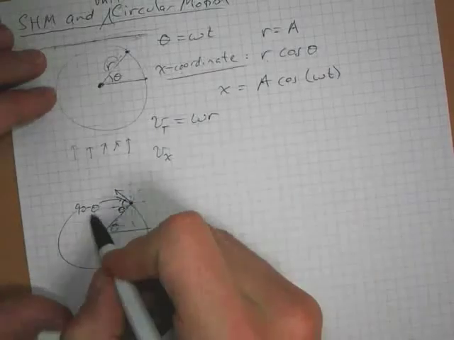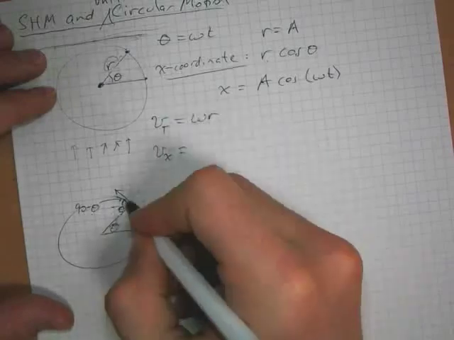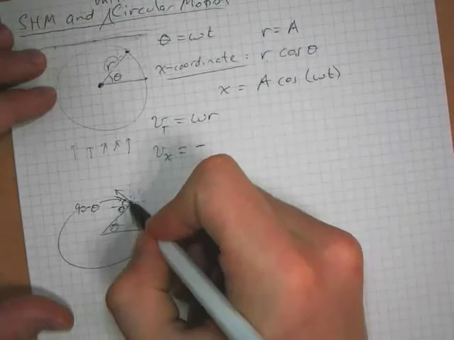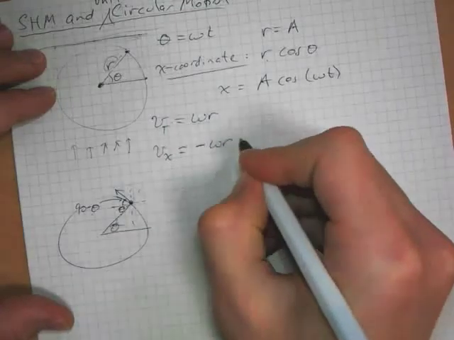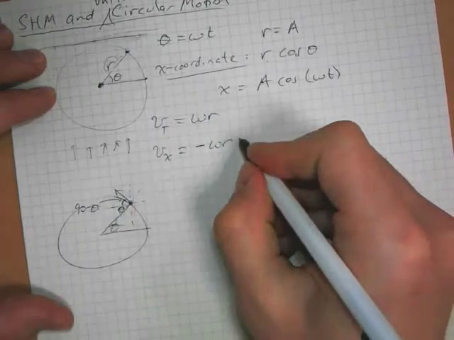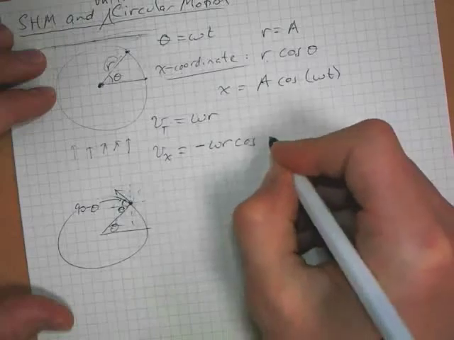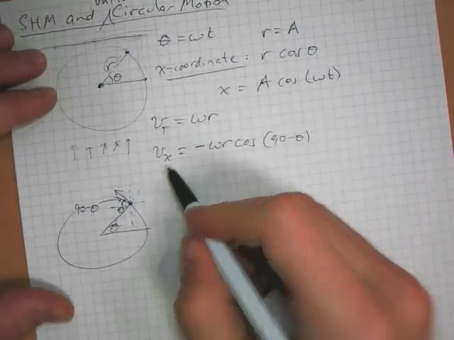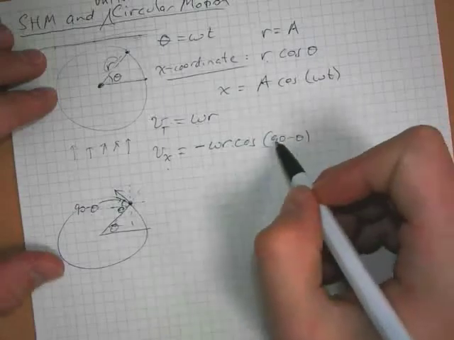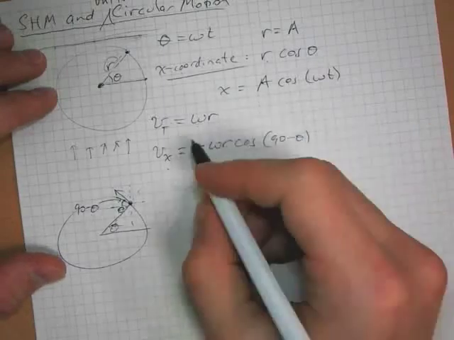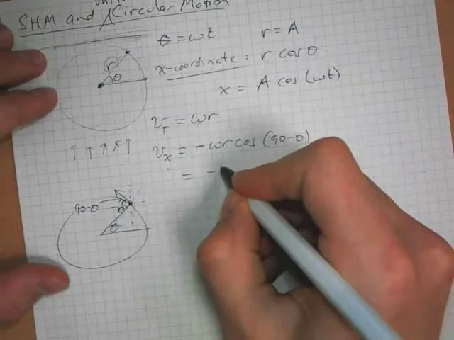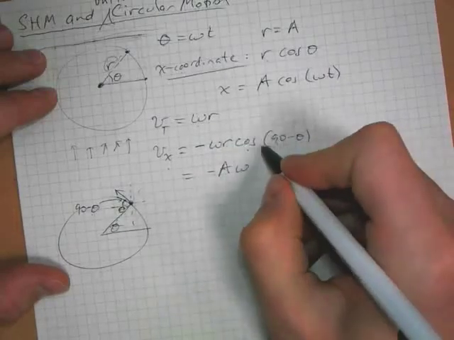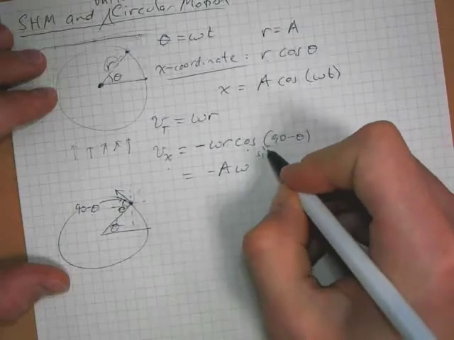So the x component of our velocity is going to be minus our tangential velocity, which is omega r, times the cosine of 90 minus theta. Reminding us that r is A, that gives us minus A omega cosine of 90 minus theta, which equals sine theta.